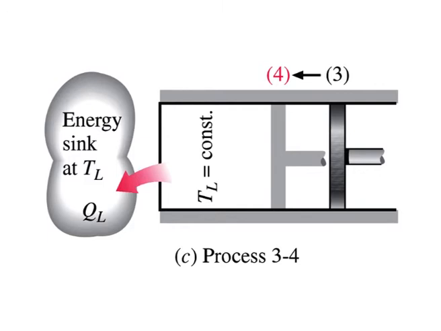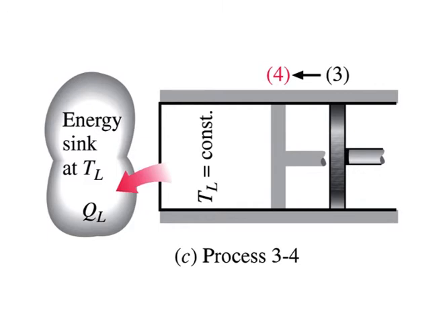As the gas is compressed, its temperature tends to rise, but as soon as it rises by an infinitesimal amount dT, heat is transferred from the gas to the sink, causing the gas temperature to drop to TL. Thus, the gas temperature remains constant at TL.